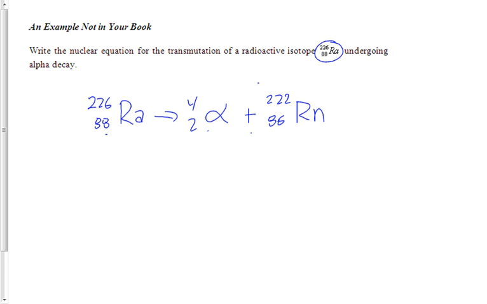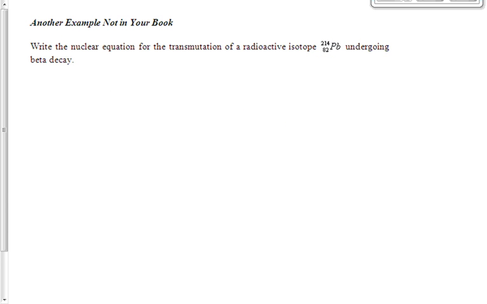Let's try another one. Write the nuclear decay equation for the transmutation of lead-214 undergoing beta decay. By the way, this should really say beta negative decay or beta minus decay. If it doesn't say whether it's beta minus or beta plus, we'll assume beta negative. But it really should say. We've got lead-214.